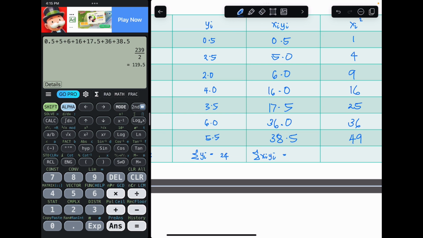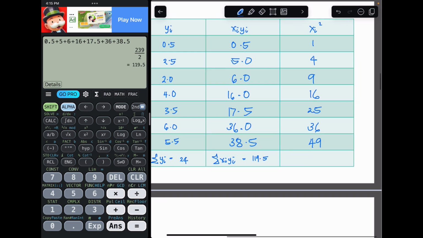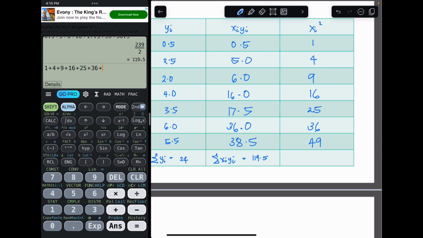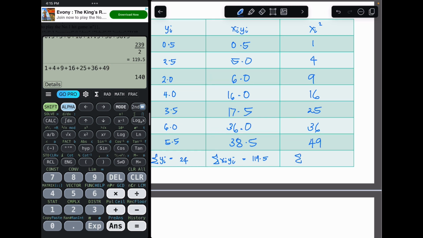So we have 119.5. And lastly, we have 1 plus 4 plus 9, 16, 25, 36, and 49. So we have the summation of x sub i squared is 140.